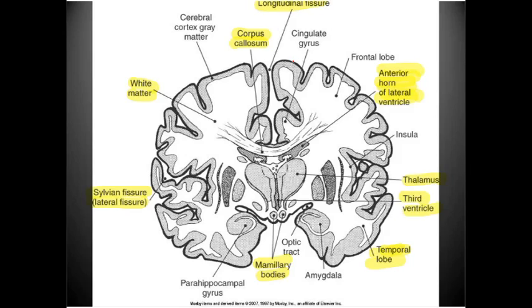This kind of allows you to see things a little more. You have the longitudinal fissure, which is dividing it into left and right, so this would be the right and this would be the left side of the brain. Then you have the Sylvian fissure, which is kind of separating the parietal from the temporal lobe.